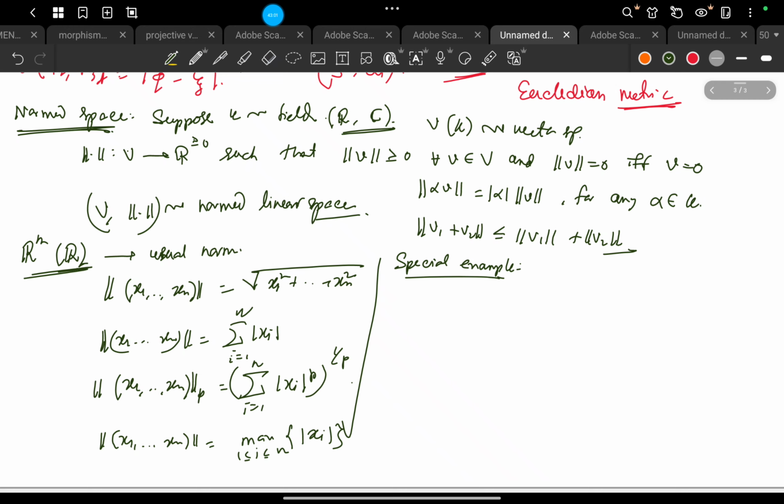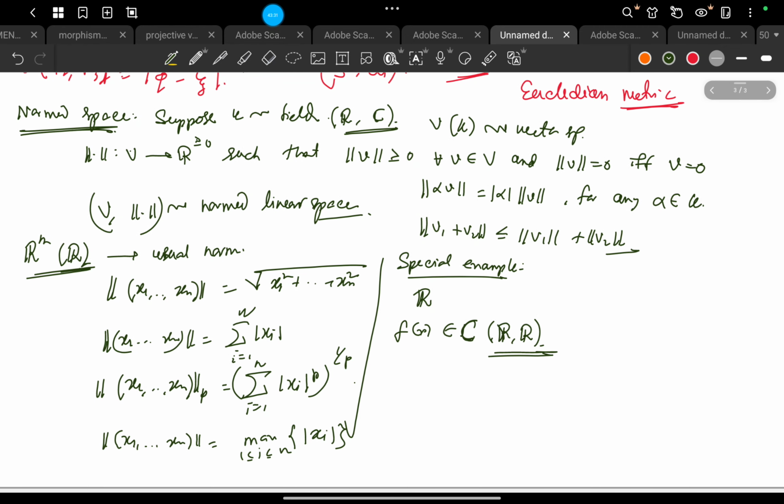As an example, we can consider that suppose R is a field, and we consider f of x belonging to the set of continuous functions from R to R. In fact, we can take any non-empty normed linear space we are defining on R. So in that case, the norm we can define on F is basically the sup norm: norm of f is the sup of mod f of x such that x belongs to R. So it is the sup norm.